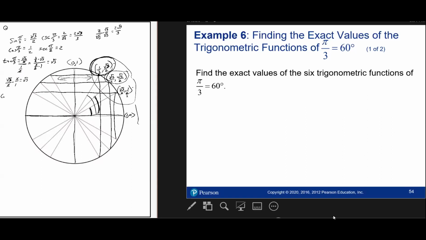Now, cotangent is the reciprocal of tangent. So the reciprocal of square root of 3 is 1 over the square root of 3. Multiplying numerator and denominator by the square root of 3, you get the square root of 3 divided by 3.